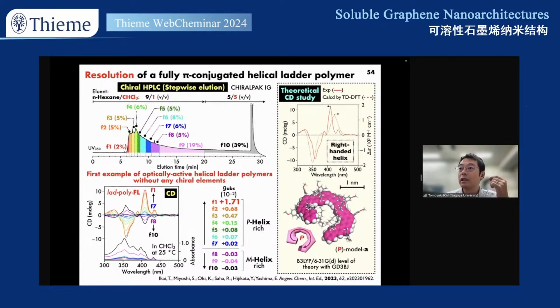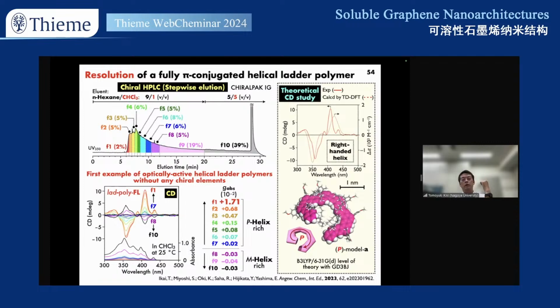Sorry, is fraction 10 close to the model compound? I assume you mean the retention time of fraction 10 is close to the retention time of the model compound.